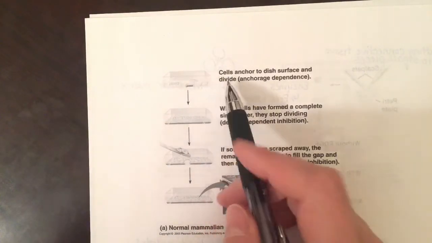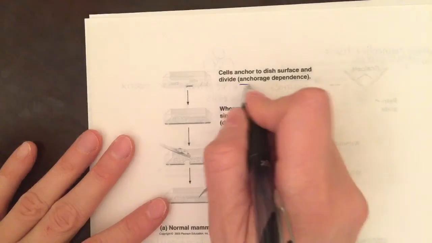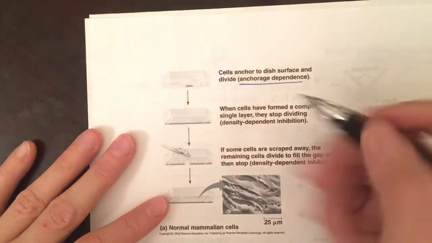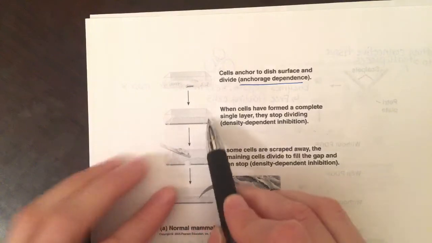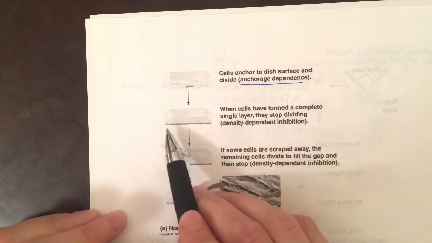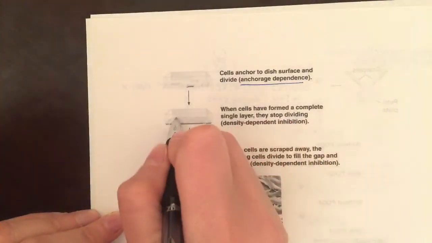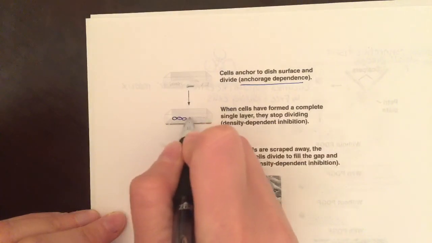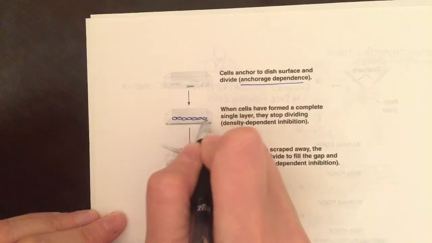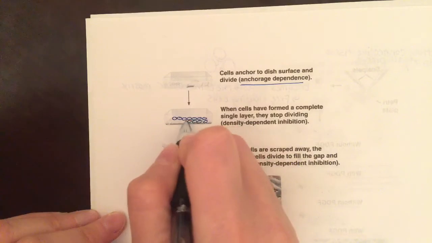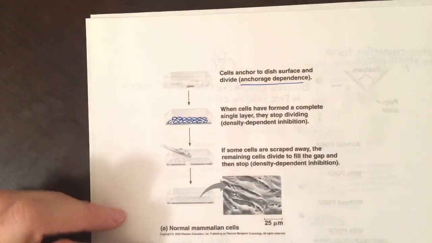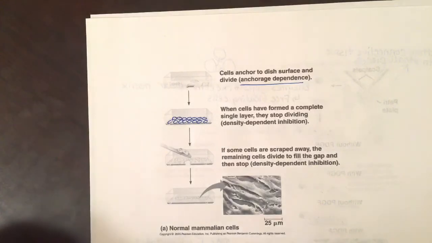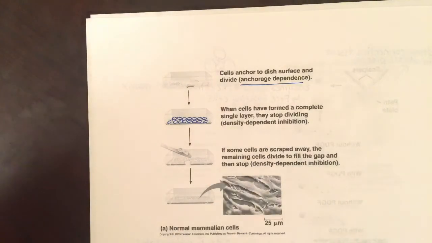So they're attached to something and they're dividing, and that is anchorage dependence. Then they will divide, but then they stop dividing, and they make a single layer. That's what this is supposed to be showing you here. They have all these different cells forming, let's just draw them in there, it's hard to see. All these different cells form a single layer along the bottom of the petri dish.